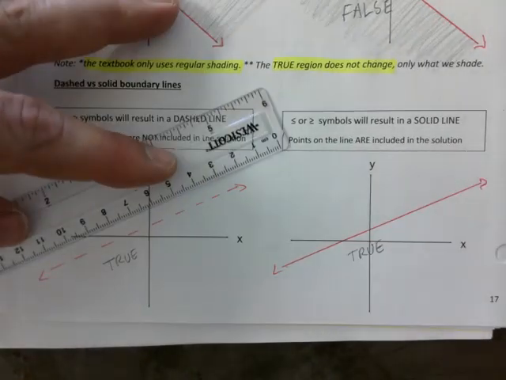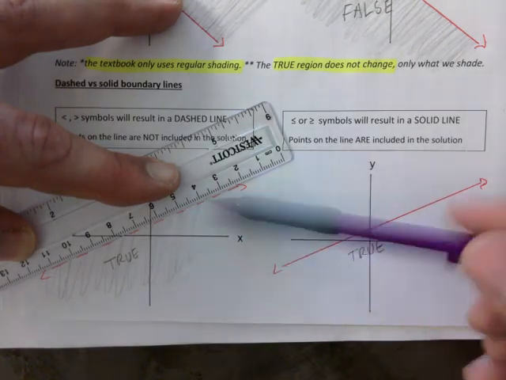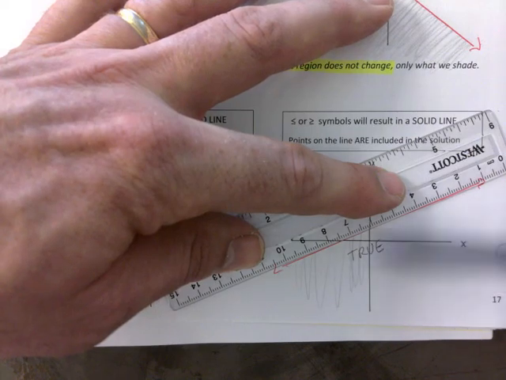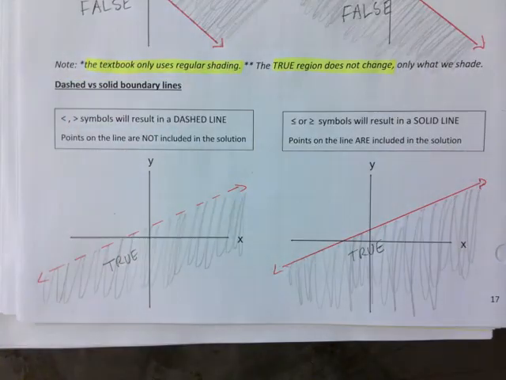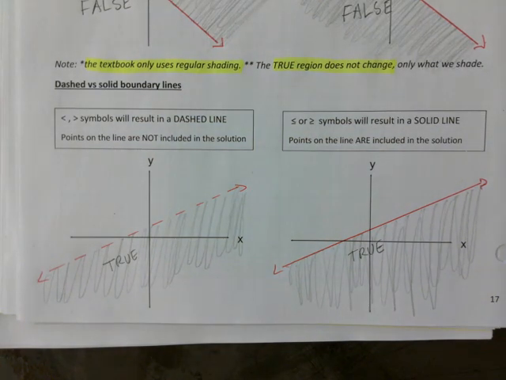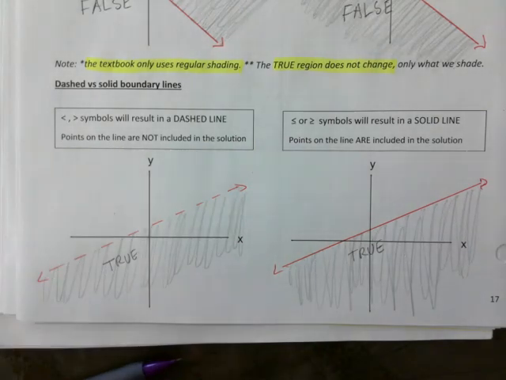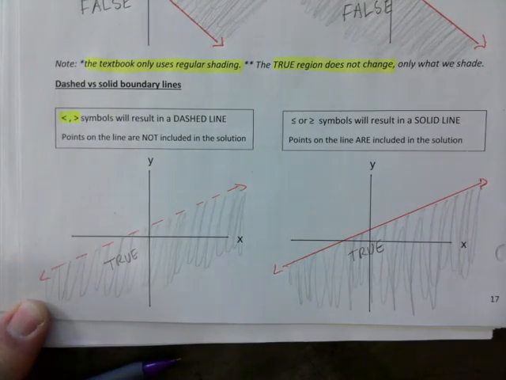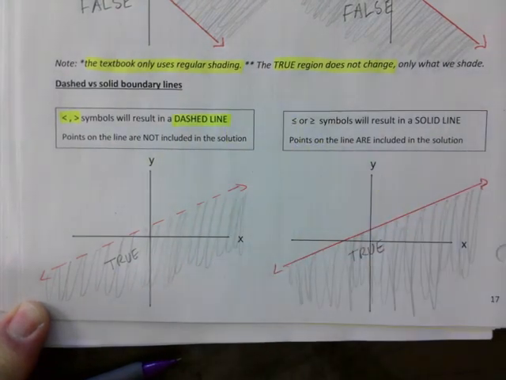So we take our ruler and we just lightly shade the true region. I'll just go quick, like I don't want to spend too much time here. If you want to make it prettier later, that's fine. So watch, when you only see these symbols that do not have the equal sign, then we have a dashed line.